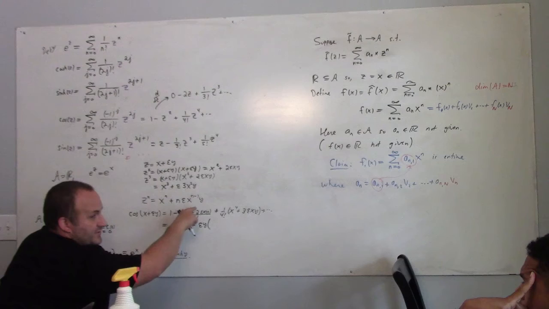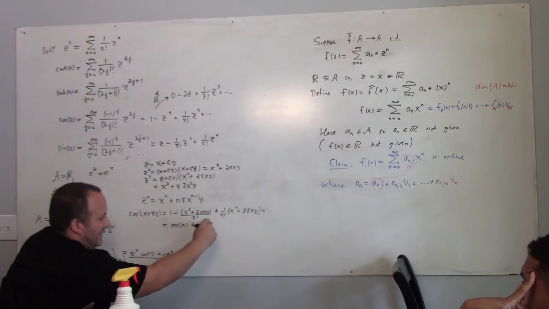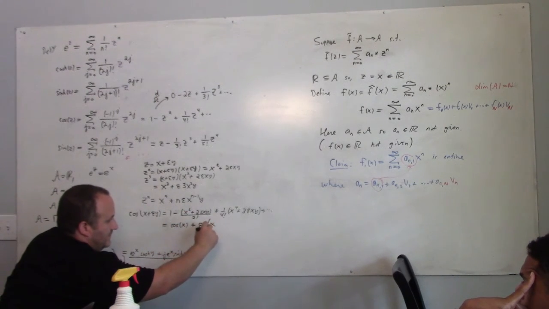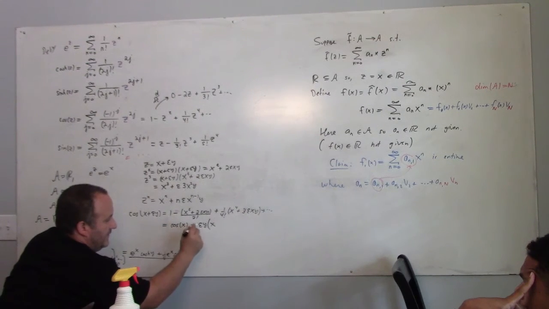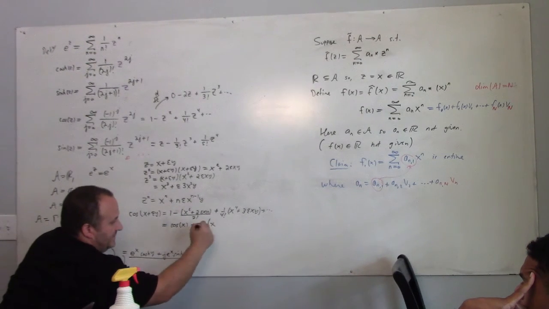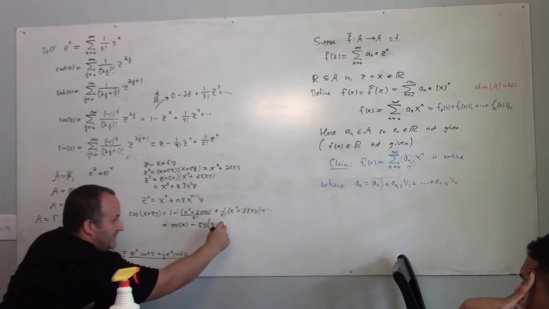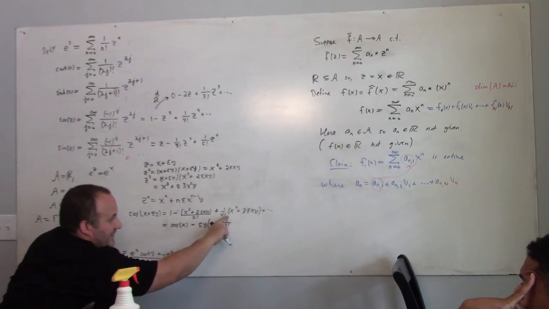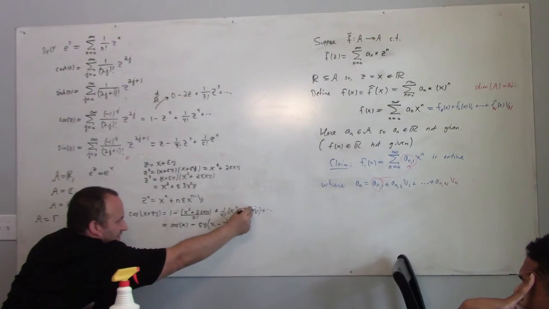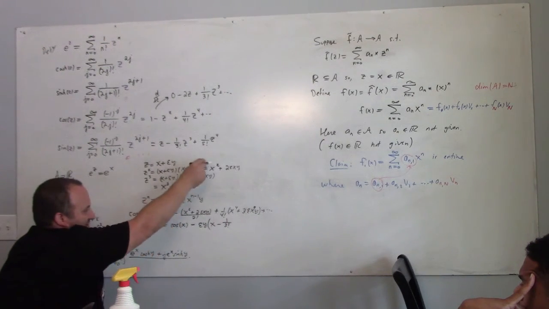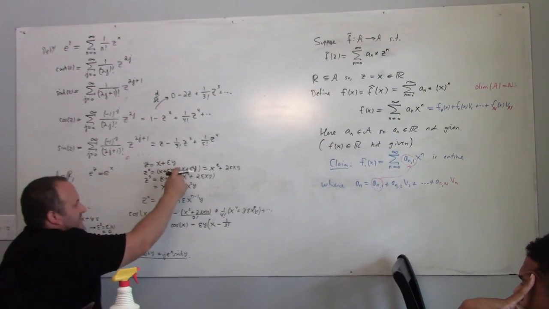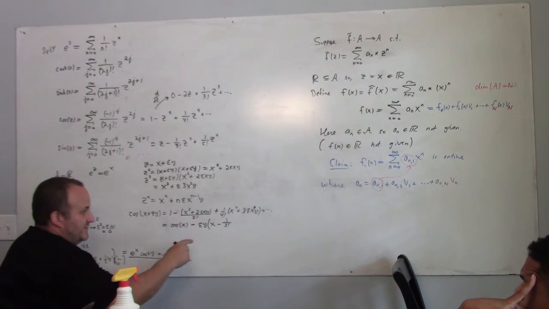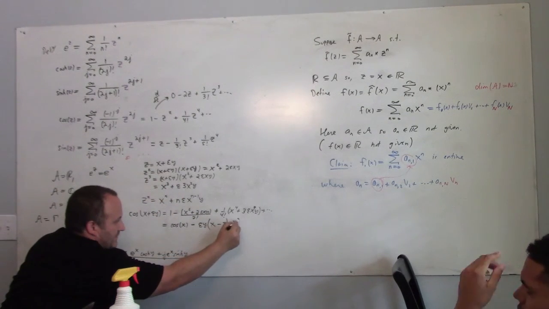The 2 over 2 factorial is just 1, so that's like x. I'm going to put the minus out here, so minus and minus gets a plus over here. 3 over 3 factorial, and I have x cubed. That is x cubed.